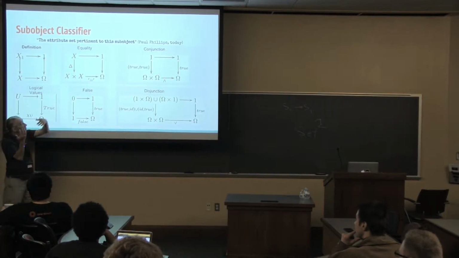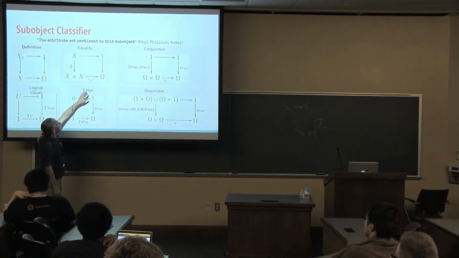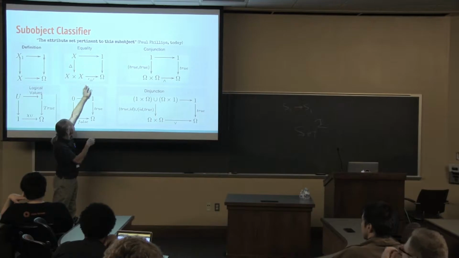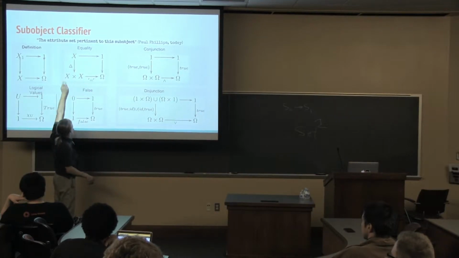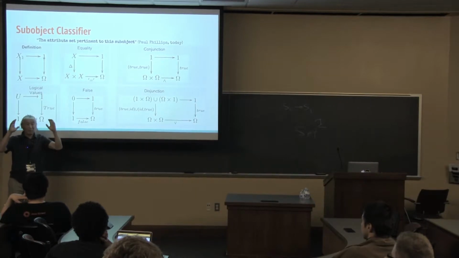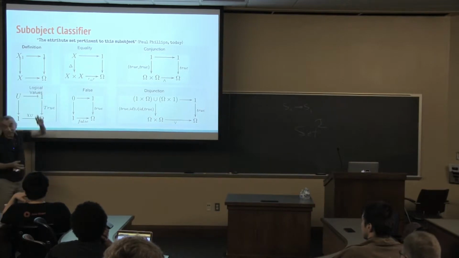If we have a function like this, and it's equality, it only takes equal elements to truth, so the pullback would be all those pairs of the form (x, x). It classifies delta, the diagonal.